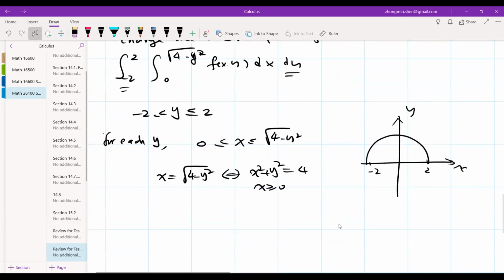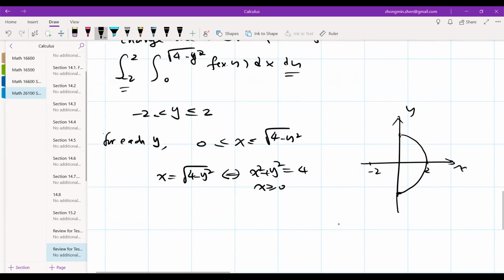Wait a minute. It's the right semicircle. It's my mistake. Right semicircle, because x is greater than or equal to 0 and x squared plus y squared equals 4, so x greater than 0 is on the right hand side.